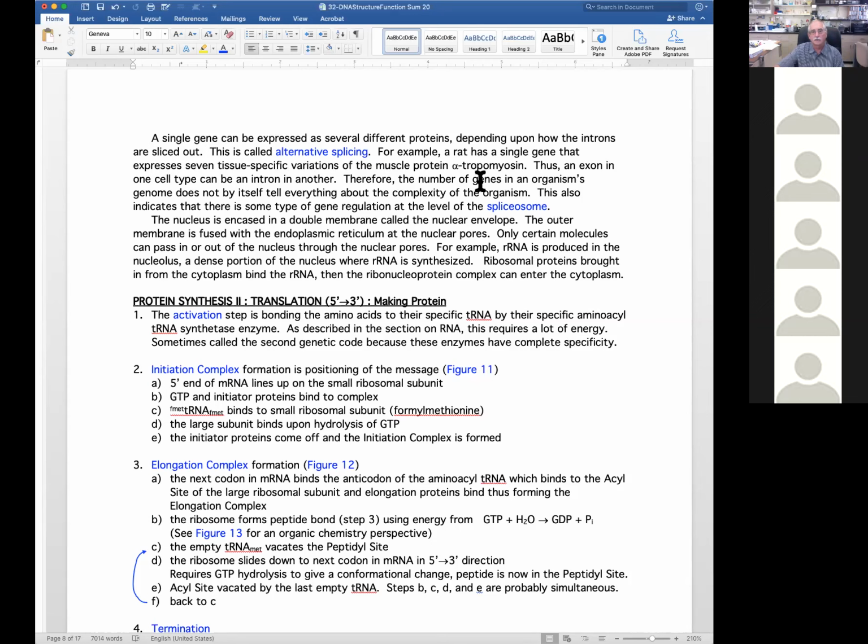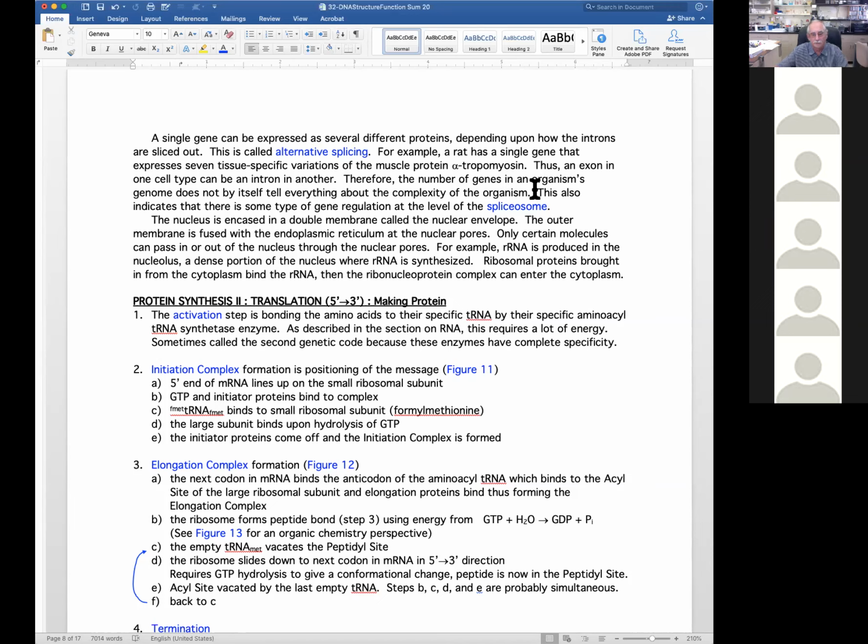So an exon in one cell type can be an intron in another. Does that make sense to you? So the number of genes in an organism's genome does not by itself tell everything about the complexity of the organism.